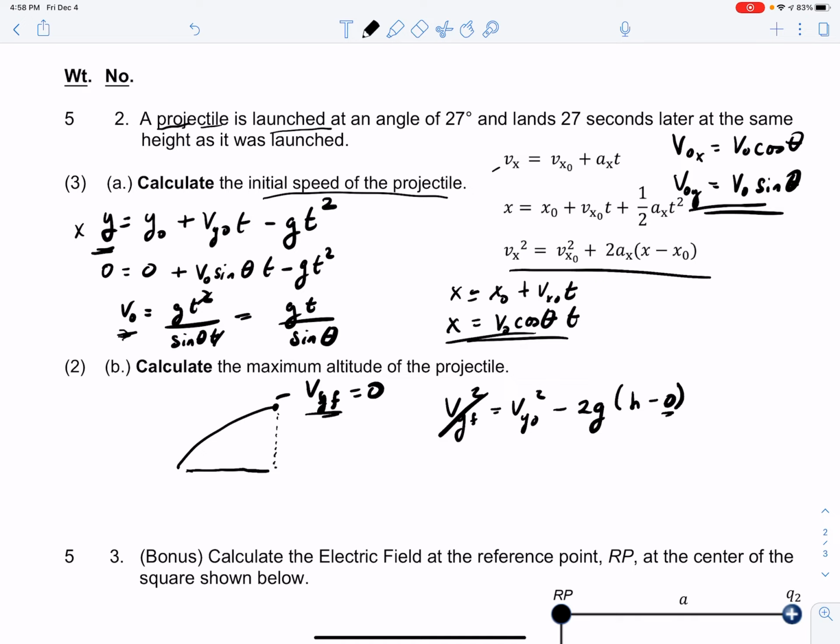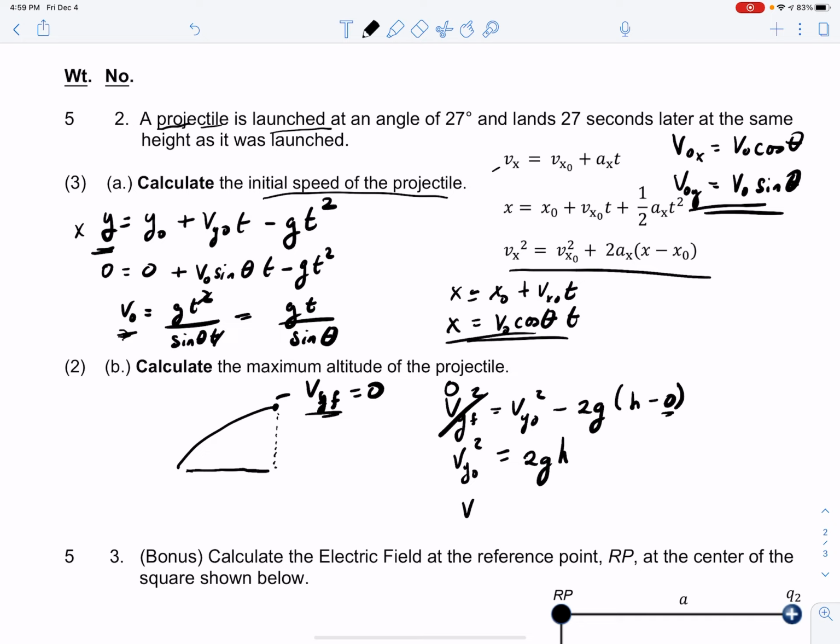The final velocity goes to 0, and the thing that we have left is v naught squared equals 2gh.